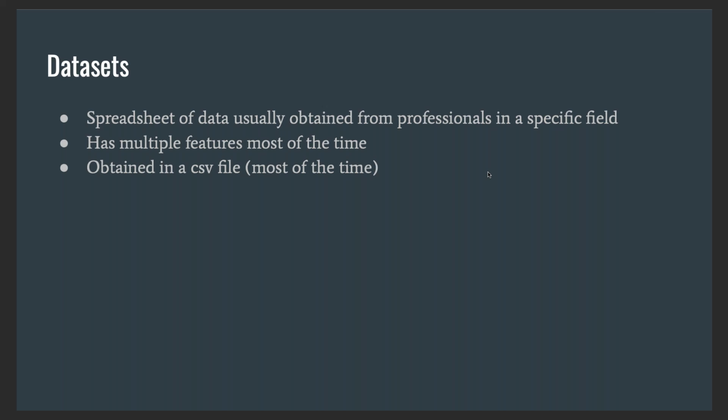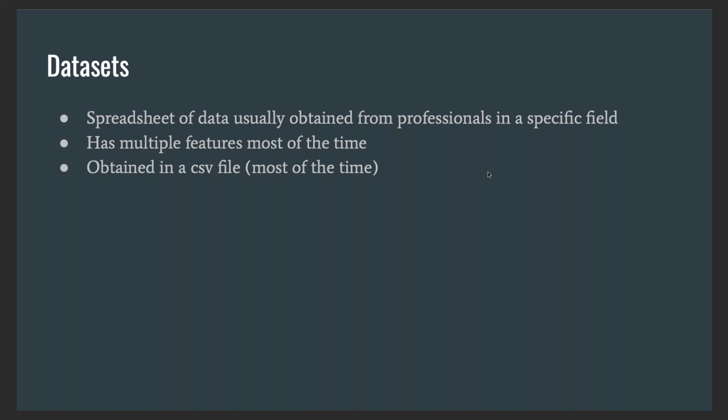They're usually obtained from professionals in a specific field. For example, if you are looking at a dataset for age relation to type of cancer, you would obtain that from a medical professional or someone who is in the field. So it's a professional piece of data that has labels and features, and sometimes it has multiple features in it as well.